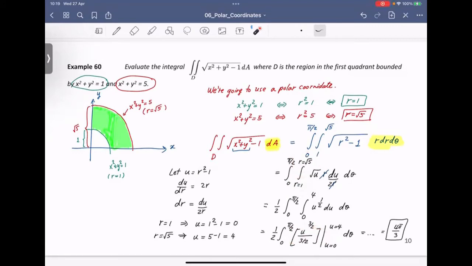I would say that if you feel like this part is your problem, maybe you need to go back and look at the substitution rule in calculus 1. This is the part that we learned in calculus 1, I think before midterm.